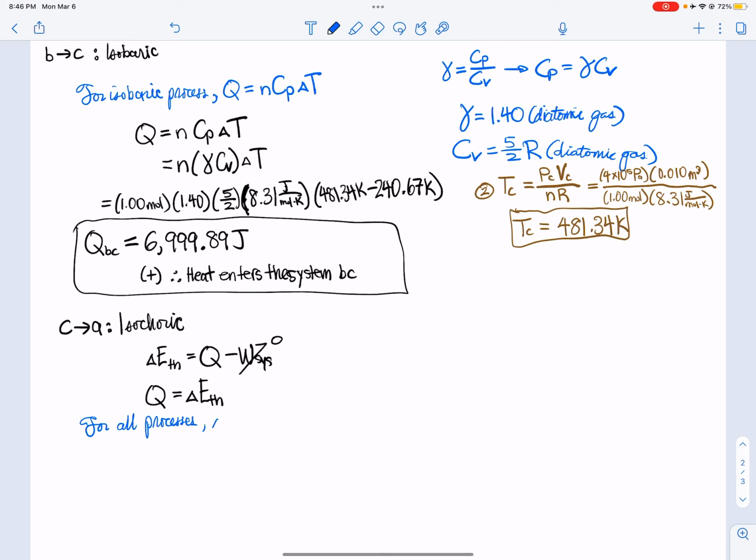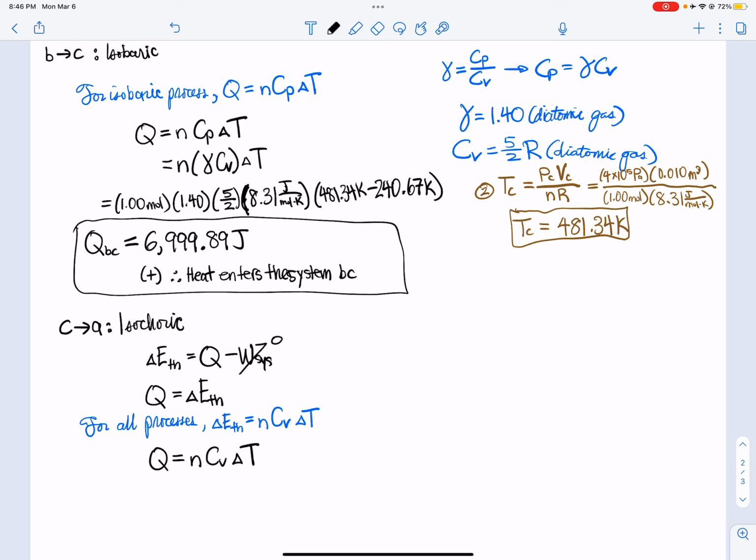For all processes, the change in thermal energy is equal to n times the molar specific heat for constant volume, or molar heat capacity for constant volume, multiplied by the change in temperature, okay? So I'm going to plug that in for my Q. That is equal to n C_V delta T, okay?